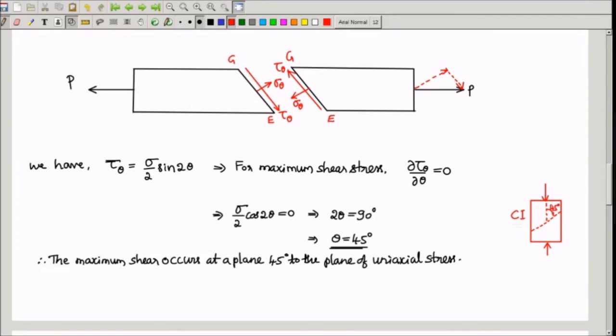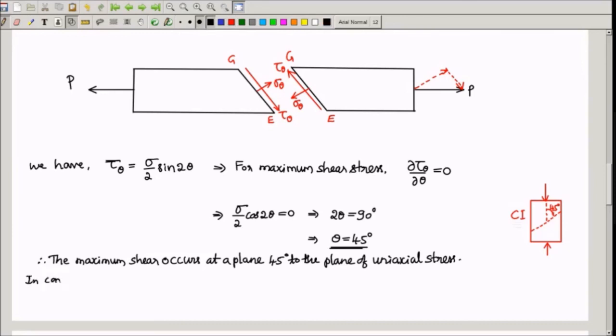So in the compression test, what happens? The shear stress will be greater than the strength in compression. That is why it is called a shear failure, which happens at a 45 degree plane, because that is a plane of maximum shear stress. This phenomenon is observed in compression test of cast iron material, but it may not be so in case of ductile material like mild steel, because there shear failure will not occur due to excessive plastic deformation.